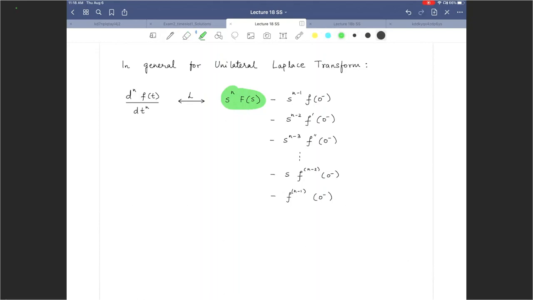For example, s raised to n minus 1 multiplied by the signal evaluated at time 0 minus, then the first derivative of f of t evaluated at 0 minus, the second derivative of f of t evaluated at 0 minus, and so on. So initial conditions need to be provided. Once you have that, you can substitute into this to evaluate the Laplace equation.